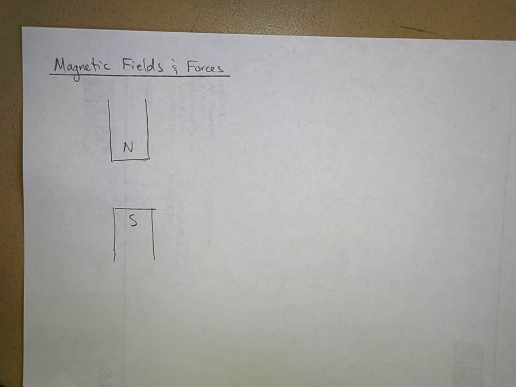Okay, and if you have a south pole and a south pole, or a north pole and a north pole, they repel. So it's kind of like what we dealt with in electrostatic force. You know, like charges repel and unlike charges attract, but it's significantly different.